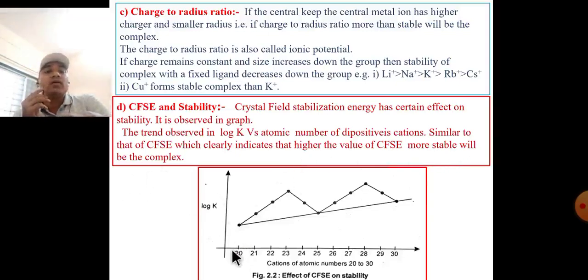As the atomic number increases from 20 to 30, the log K value increases, and then it decreases at the stable electronic configuration, as the crystal field stabilization energy or log K values decrease.